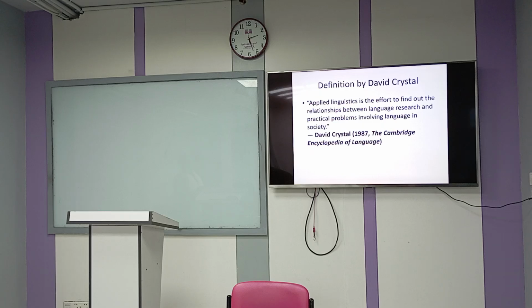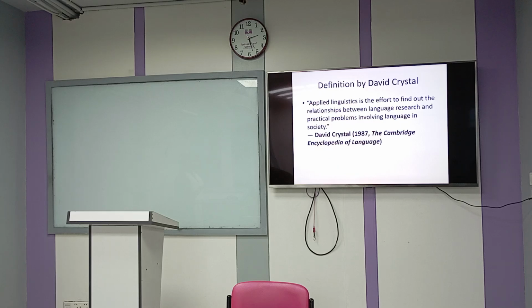So another definition from David Crystal. According to him, applied linguistics is the effort to find out the relationship between language research and practical problems involving language in society. So it deals with the real language in society and the relationship with language research.